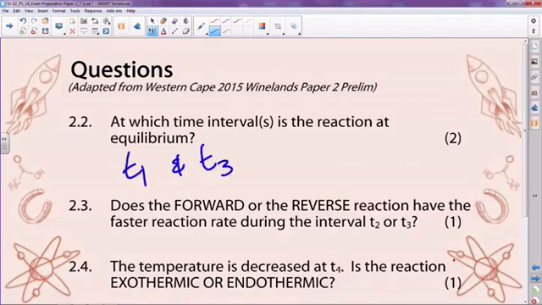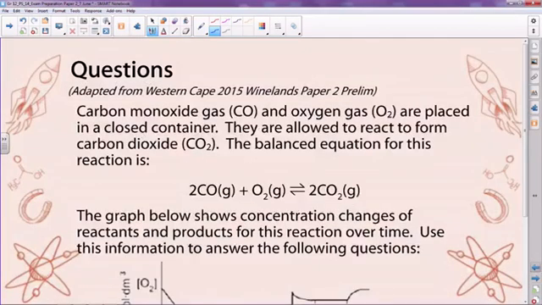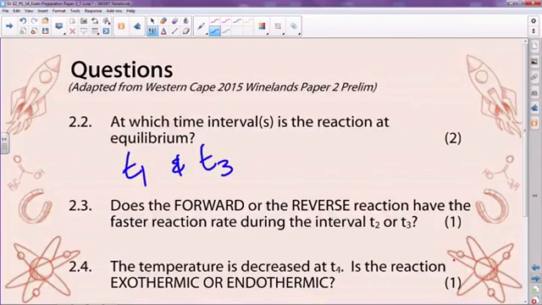Then it says, does the forward or the reverse reaction have the faster reaction rate during the interval T2 to T3? Let's go back here.